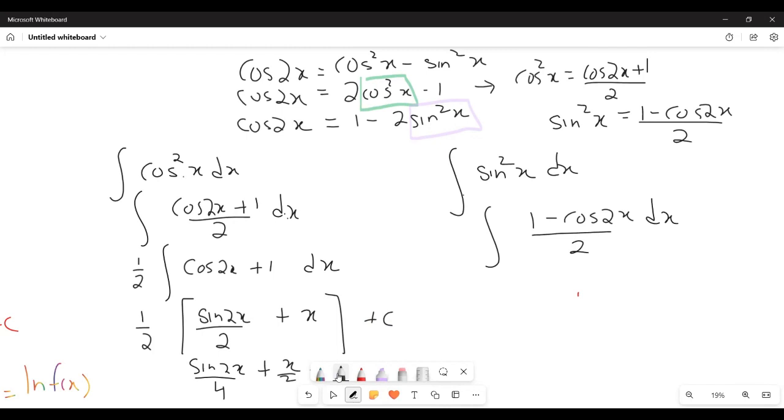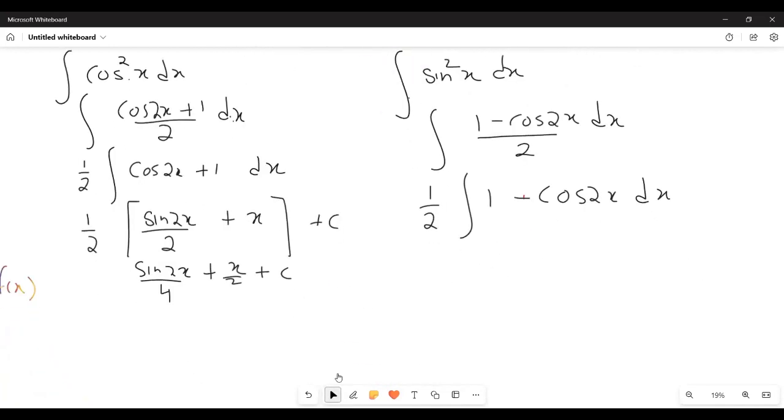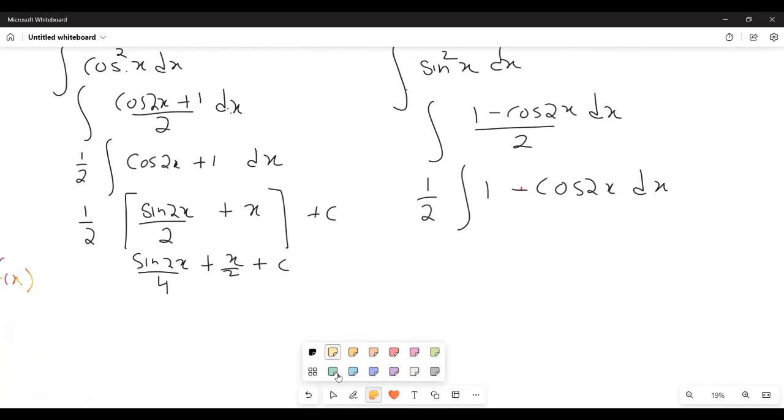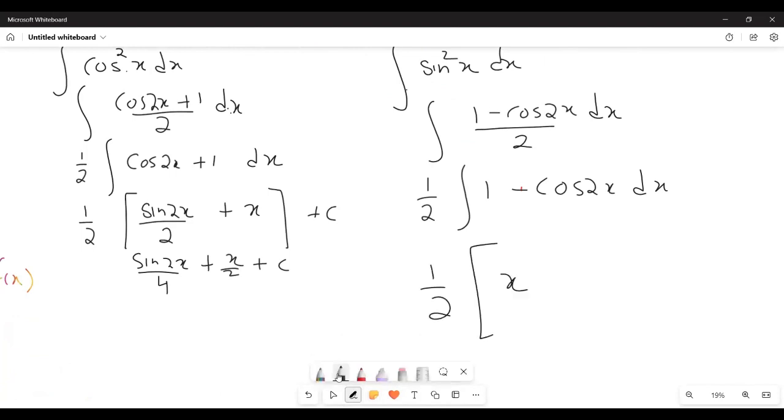Okay. So again, I'm bringing the denominator, the 2 in the denominator outside to simplify things. Integration of 1 is x. Minus integration of cos 2x is sin 2x upon 2.